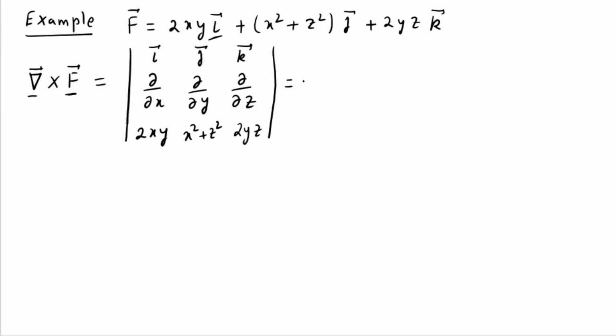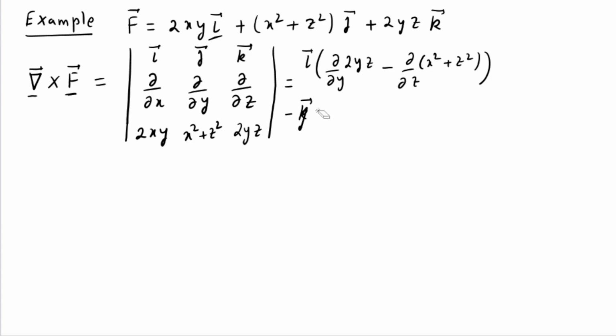Now let's evaluate the determinant. i times dou by dou y of yz minus dou by dou z of x square plus z square, minus j times dou by dou x of yz minus dou by dou z of xy.